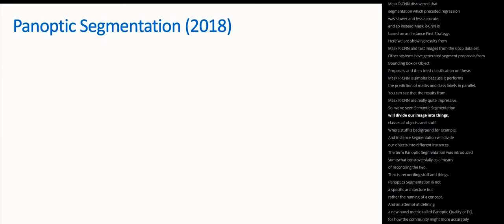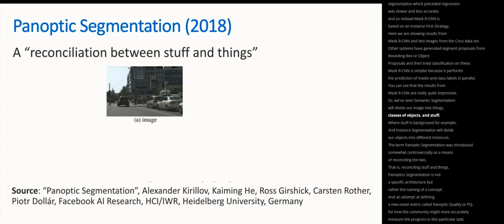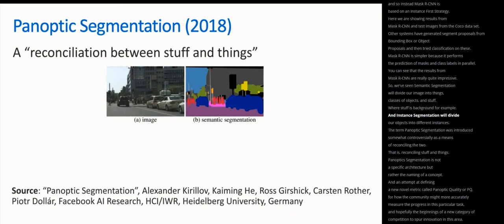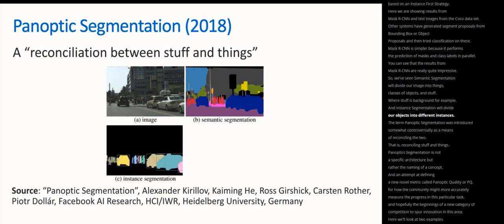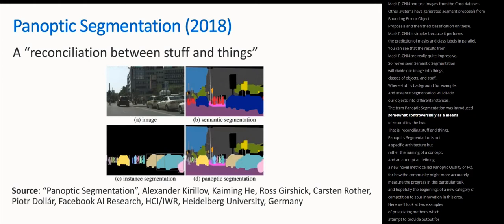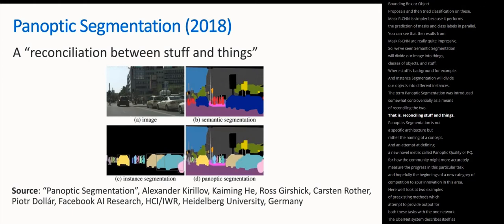So we've seen semantic segmentation will divide our image into things, classes of objects, and stuff, where stuff is background, for example. And instance segmentation will divide our objects into different instances. The term Panoptic segmentation was introduced somewhat controversially as a means of reconciling the two, that is, reconciling stuff and things.